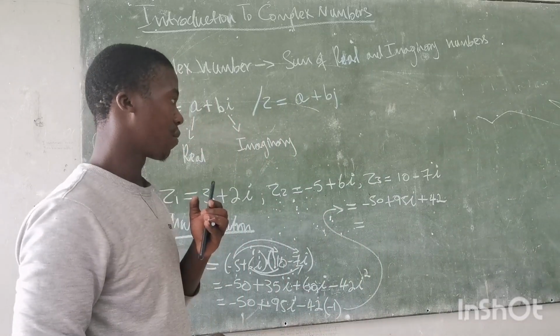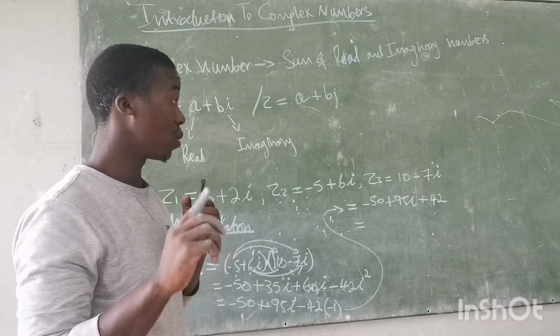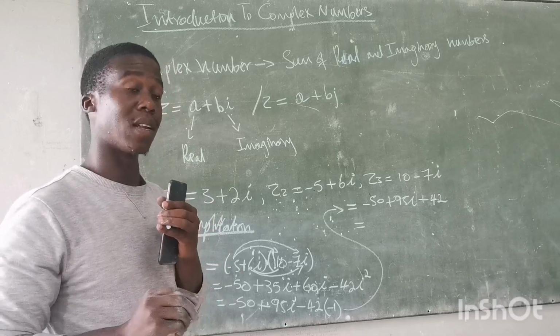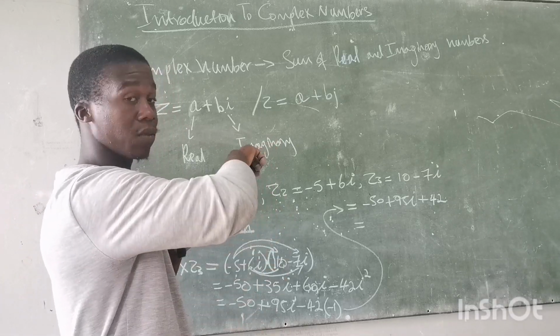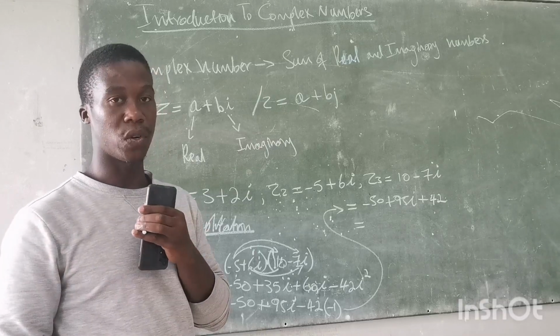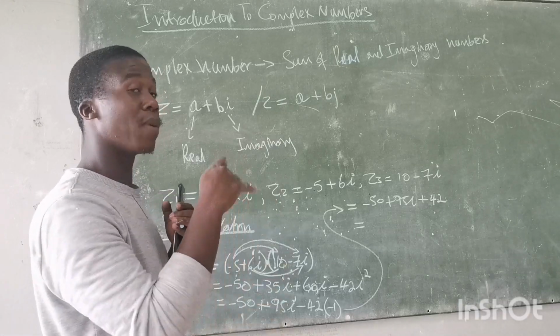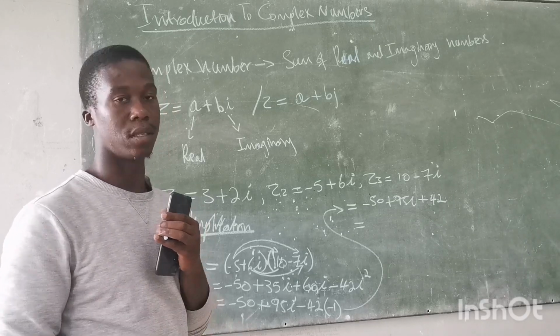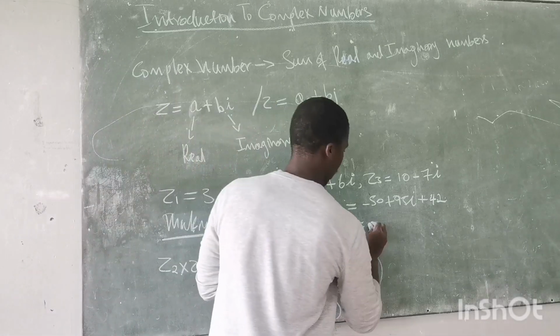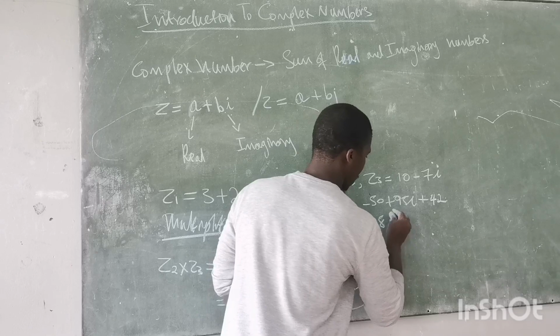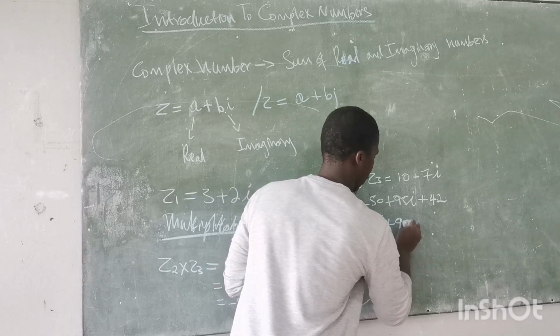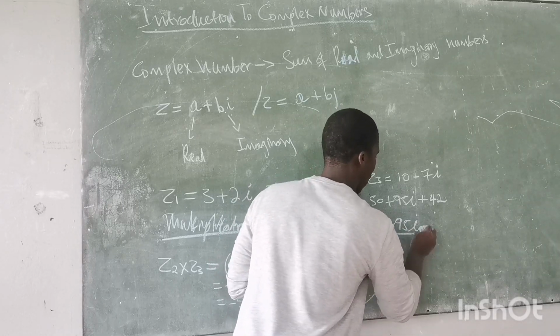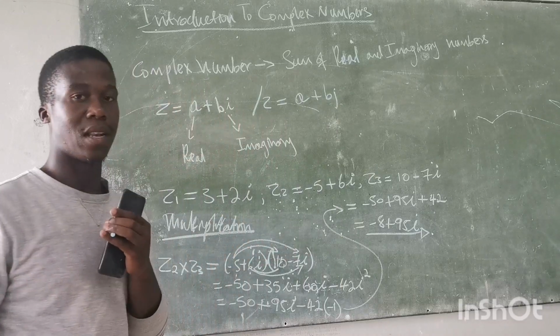Now, we have two real numbers and one imaginary number, which is 95i. We have negative 50 and we have positive 42. So negative 50 plus 42, you're going to get negative 8. So negative 8 plus 95i is our final answer.